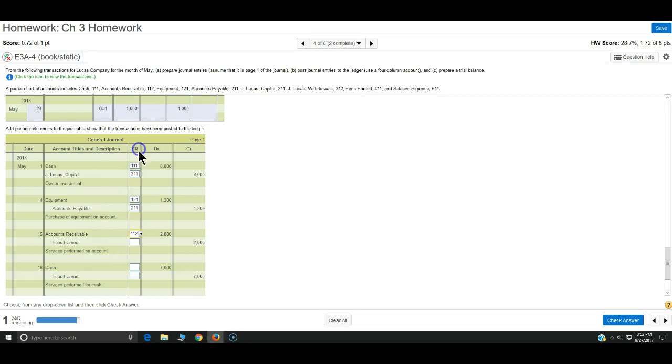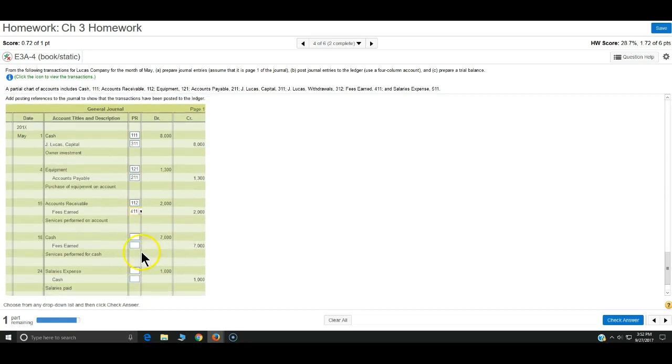Receivables 112. Fees earned is 411. Alrighty, so what we know is if we wanted to go find that entry in 411, we'd go look into 411 and make sure that 2000's there. Again, that 111 is cash, and fees earned 411.